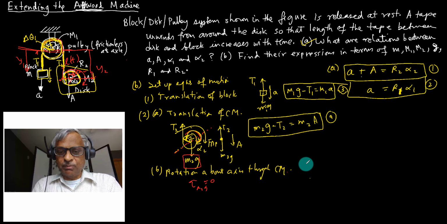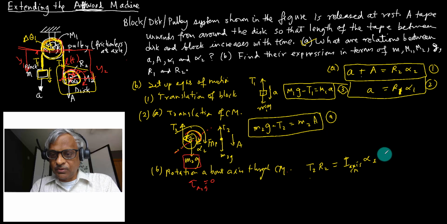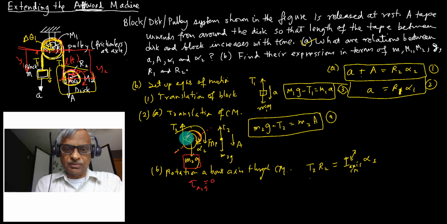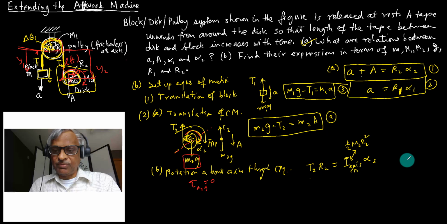So this will give me T2 R2 equals I through this axis and through Cm, times alpha 2, and for the disk the formula is half M2 R2 squared.